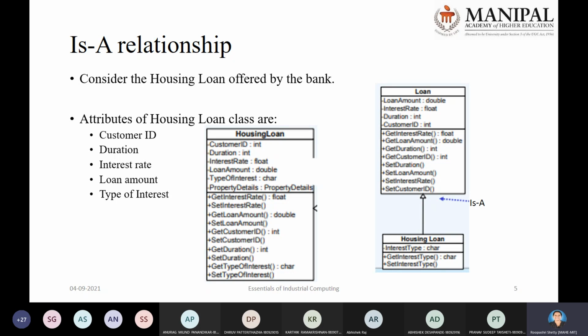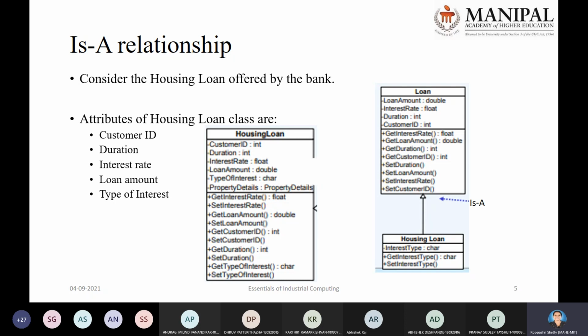Fine. So if these are the attributes of housing loan, you can see the class diagram of housing loan. The first diagram is the class diagram of housing loan. Customer ID, duration, interest rate, loan amount, type of interest. And there is one property details, because it is housing loan, the property details have to be furnished.